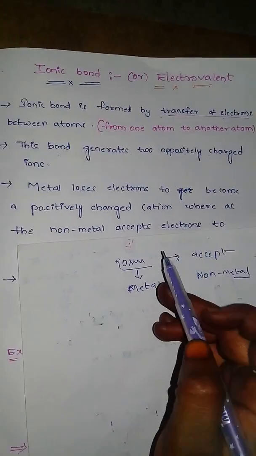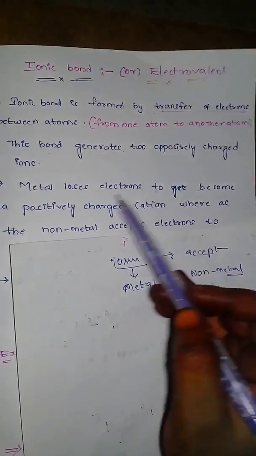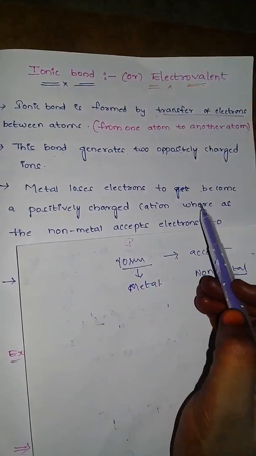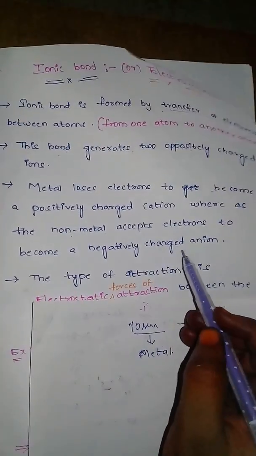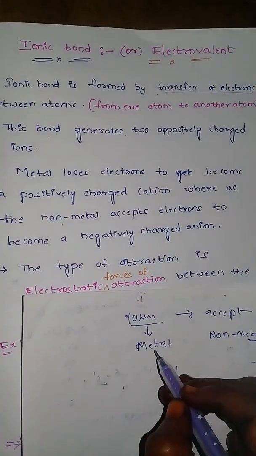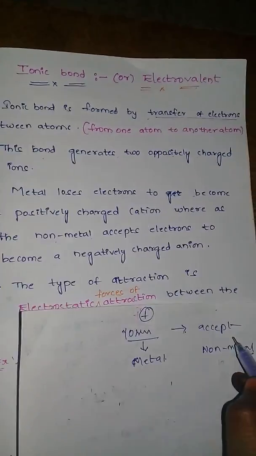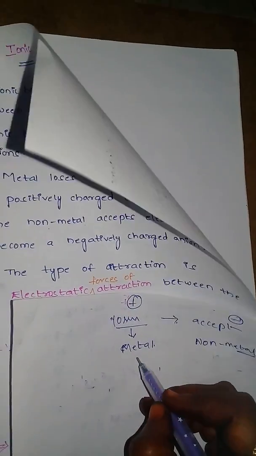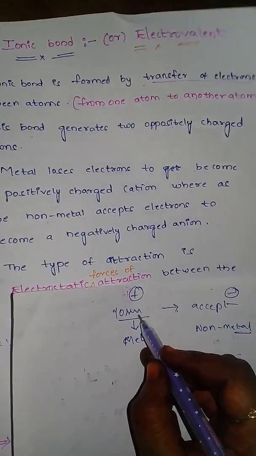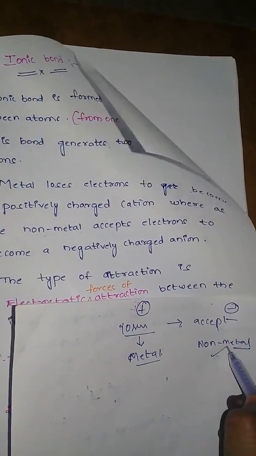So metal loses electrons to become a positively charged cation, whereas non-metal accepts electrons to become a negatively charged anion. The element which loses electrons attains positive charge, and the element which accepts electrons attains negative charge.